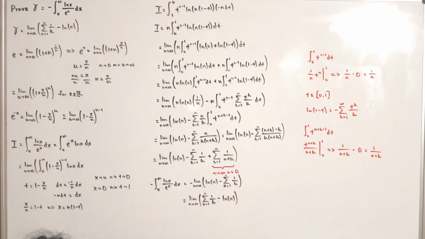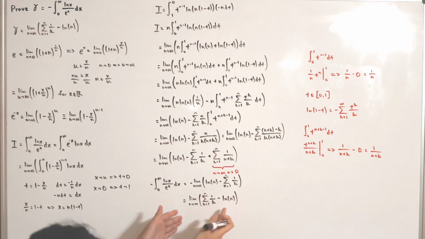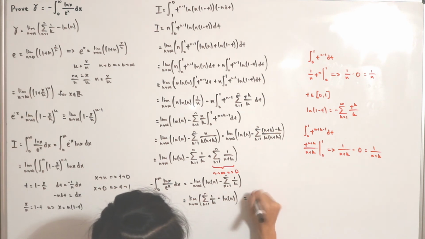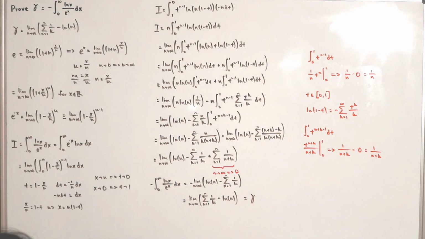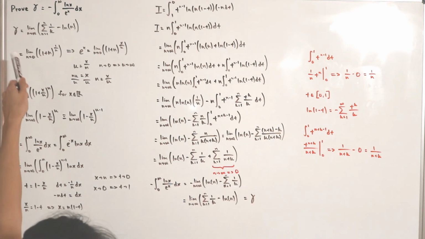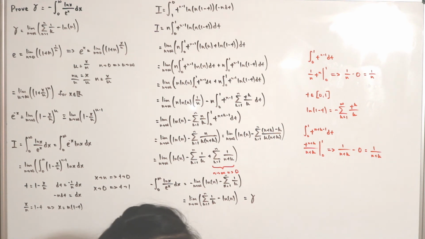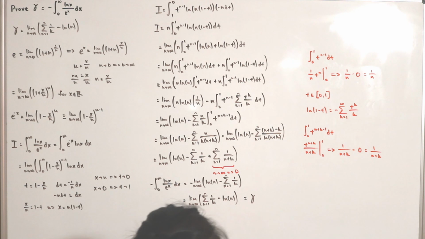Oh, so what is this? We actually have our definition of the lowercase gamma. We have just shown that lowercase gamma is equal to our negative integral. So we're done.